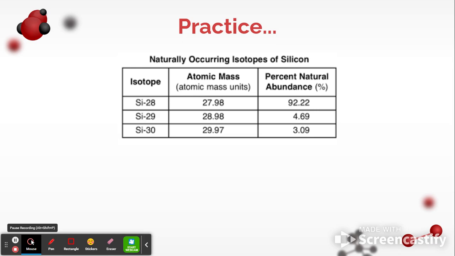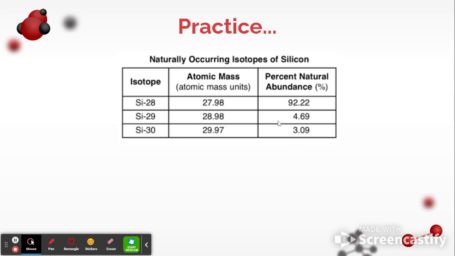Now, if we were to express this using an arithmetic expression, we can do this by taking the product of 27.98 and 0.9222 plus 28.98 times 0.0469 plus 29.97 times 0.0309. If you were to do this computation, you would get 28.088 as the average atomic mass of this element.